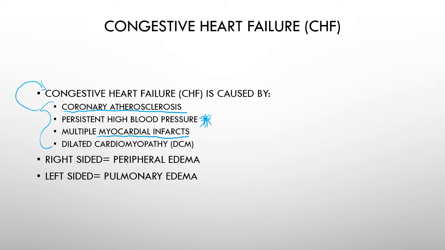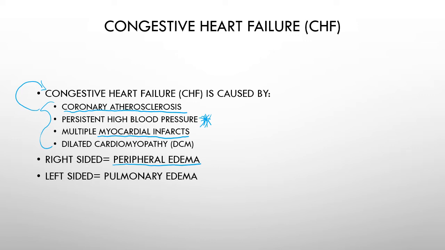And if that blood can't get out of the right side of the heart and get ejected, then that's going to lead to the blood backing up into the peripheral system itself. And so they get peripheral edema. The edema is going to happen in their legs, in their ankles, things like that, especially.